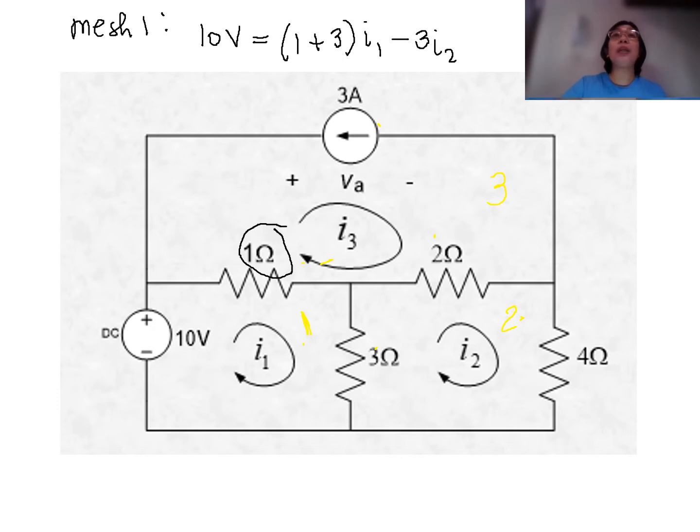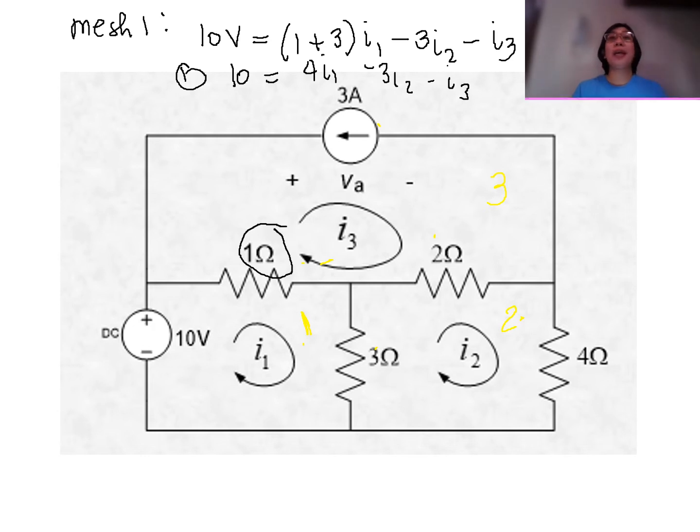So we will also treat that as negative, so that will be minus I3. This is our first equation, or we can simplify that as 10 is equal to 4I1 minus 3I2 minus I3. So that is our first equation.